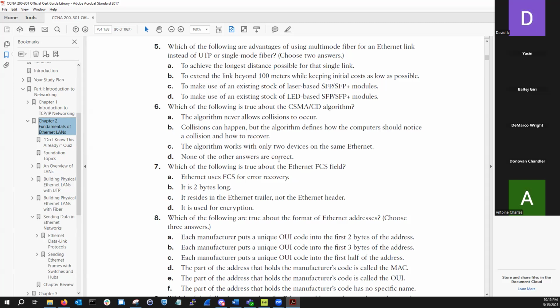Let me reread the answers again. Collisions can happen, but the algorithm defines how the computer should notice a collision and how to recover.